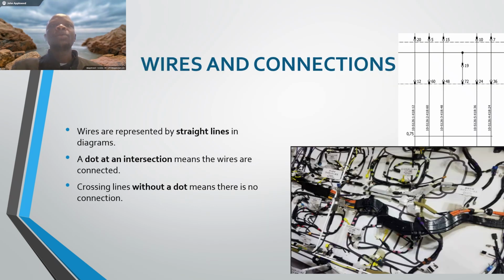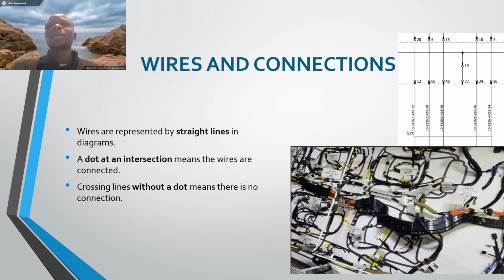We'll say wires and connections. Under wires and connections, you will find on the electric diagram or wiring diagram, all wires are represented by a straight line and connections are represented by a dot.